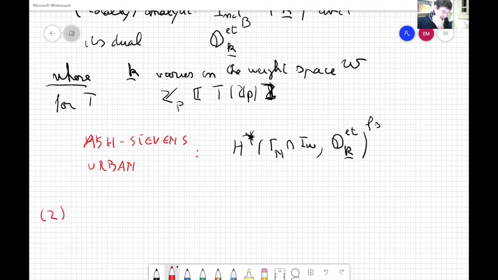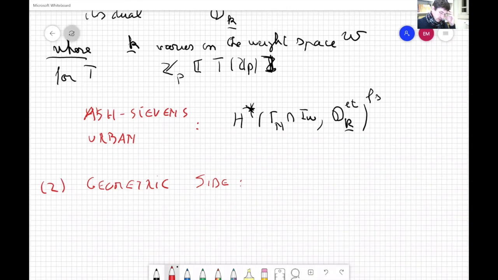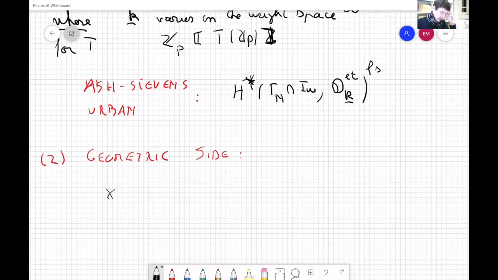Now I will explain what we do in the geometric picture that will get us to the locus of our Siegel variety, the geometric side, where we can deform these de Rham sheaves. So let me recall again our X and P infinity.